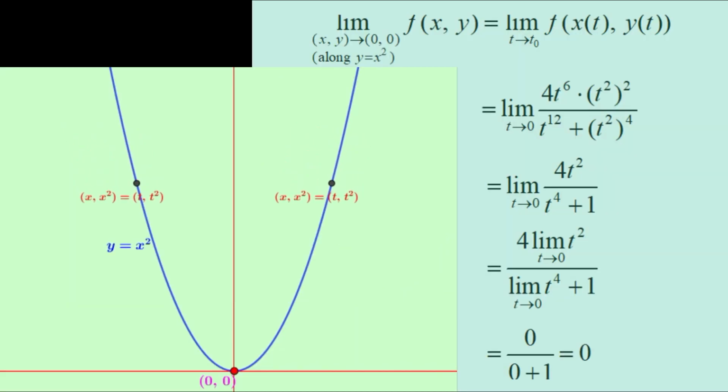So, limit (x,y) approaching (0,0) along the parabola y = x² of the function f(x,y) is equal to limit t approaching t₀ of f(x(t), y(t)), which is equal to limit t approaching 0 of 4t⁶(t²)² all divided by t¹² + (t²)⁴, which is equal to limit t tends to 0 of 4t² by t⁴ + 1, which is equal to 4 times limit t tends to 0 of t² by limit t tends to 0 of t⁴ + 1, which is equal to 0 by 0 + 1, which is equal to 0.